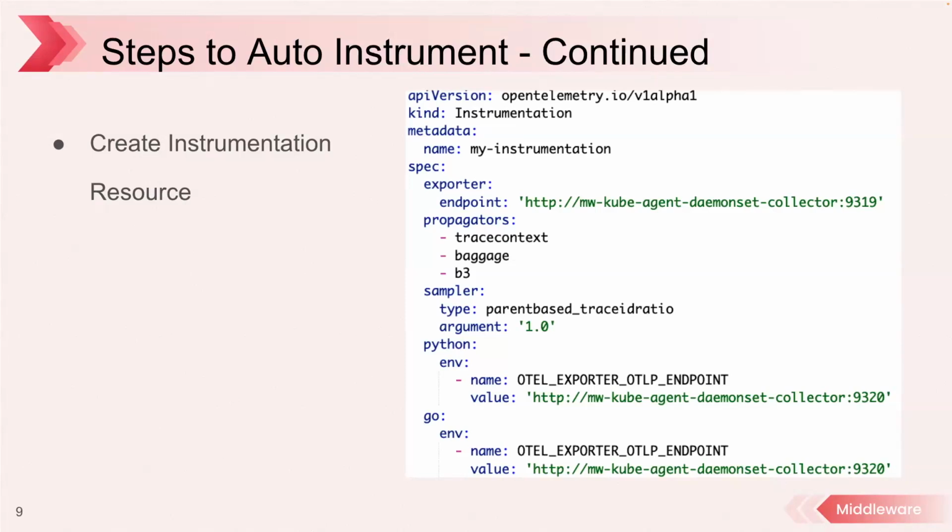If you just create this and leave propagators, samplers, and language empty, and just provide the exporter at the top, it's good enough. It will work. The defaults will take over. But you at least need to provide the exporter endpoint. That is mandatory. But other things are optional. You can skip them and the defaults will take over.